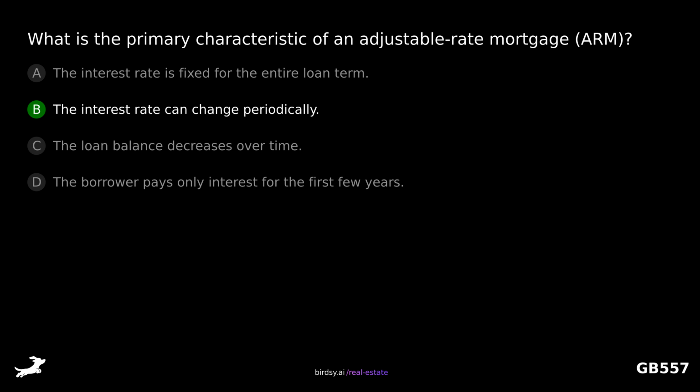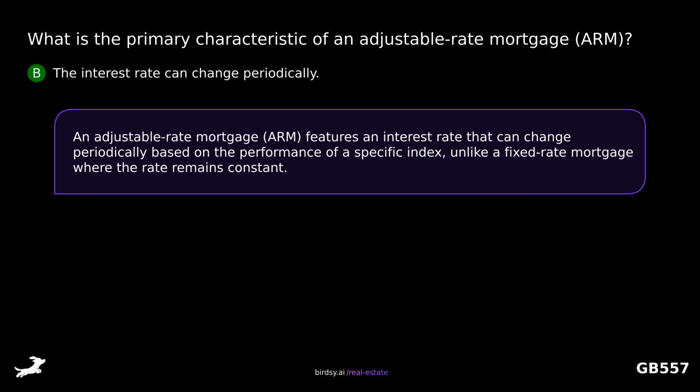The correct answer is B, the interest rate can change periodically. An adjustable rate mortgage, ARM, features an interest rate that can change periodically based on the performance of a specific index, unlike a fixed-rate mortgage where the rate remains constant.